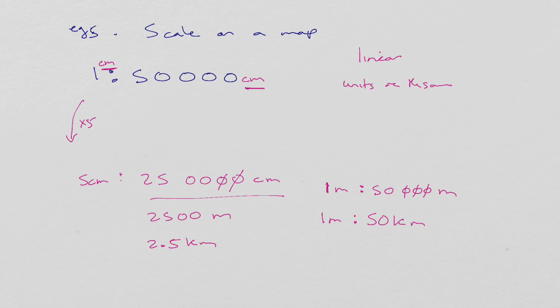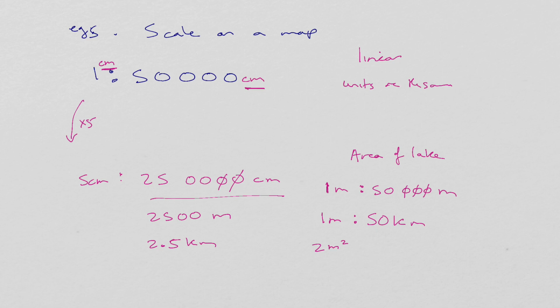And of course, if you want to have things squared, if you want to have the area of a lake, then you're going to use the square of the ratio. So if I want to know what the area of the lake is, and they tell me the area of the lake is 2 square meters, I'm going to have to use an area ratio.